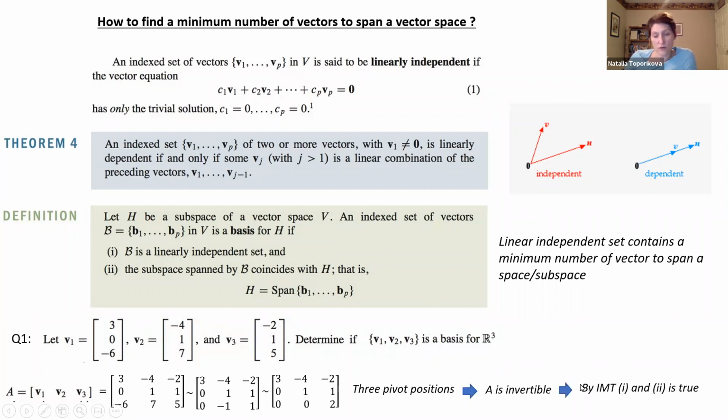We also know from the invertible matrix theorem that for an invertible matrix, the columns span the whole space. So property 2 also holds. So indeed, our vectors v1, v2, and v3 form a basis in R3.